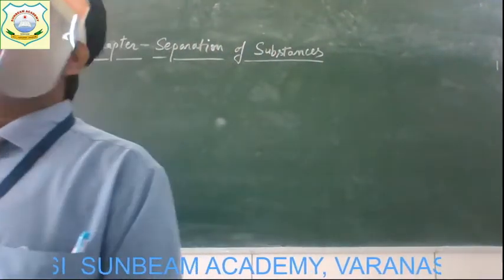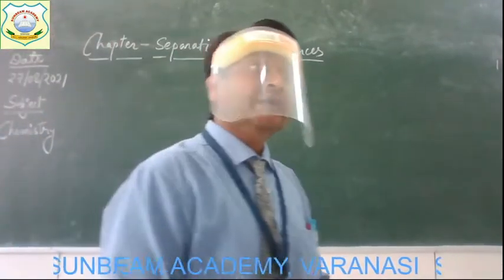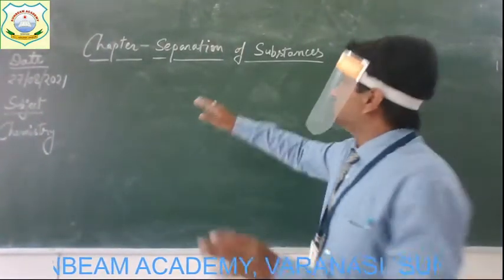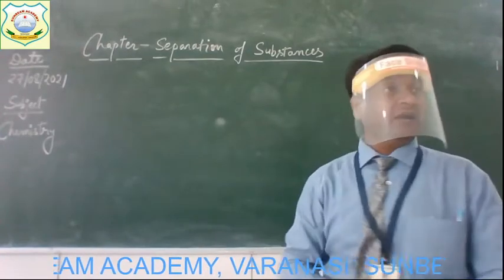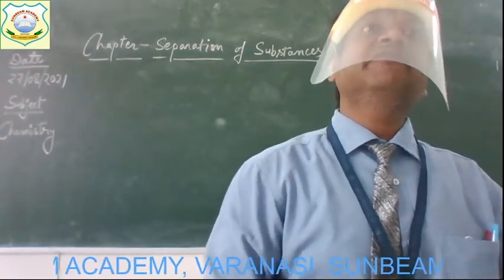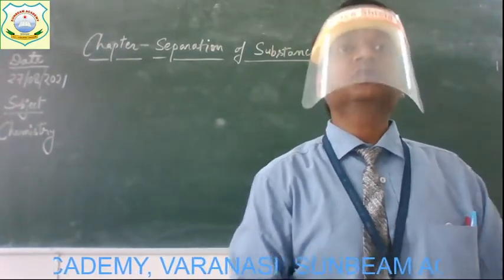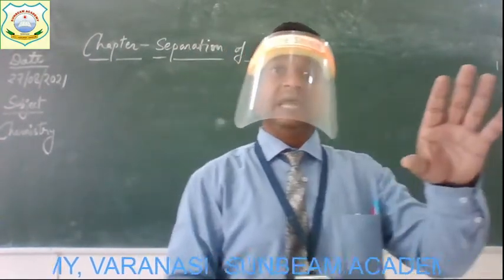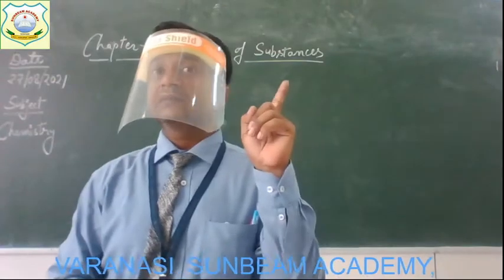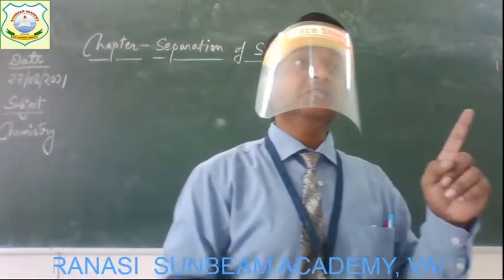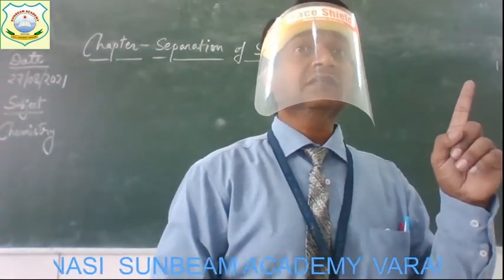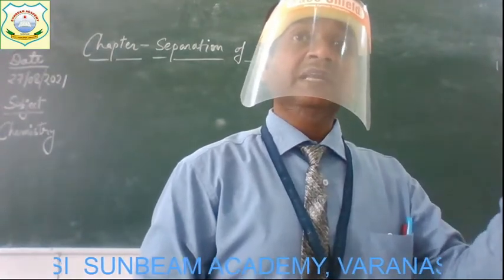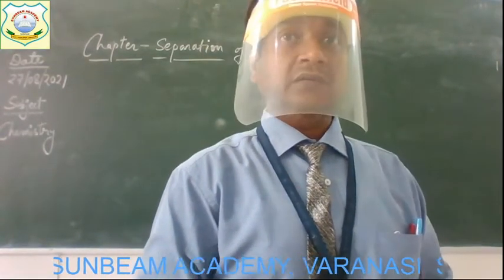Today I am going to discuss the method of separation in the chapter separation of substances. There are different methods used for separating the substances. Clear? Remember that in the previous class, the methods of separation discussed were for separating solid from other solid.